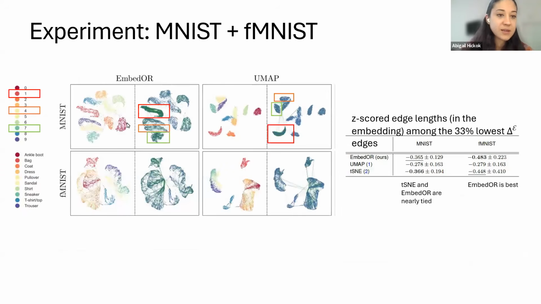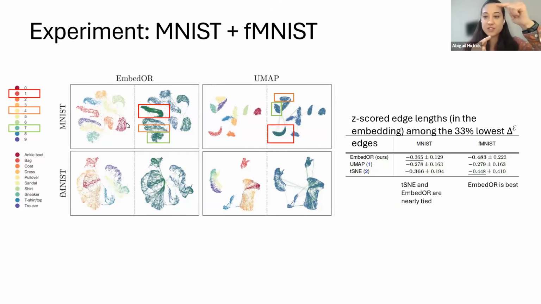Okay, so an example in another nice benchmarking set, this is MNIST handwritten digits and fashion MNIST. So I'm just comparing here EmbedOR on the left with UMAP on the right. In the left panel, we're just annotating with the ground truth clusters. In the right-hand panel, I hope you can see this, we're showing all edges among the 33% lowest EmbedOR metric edges.